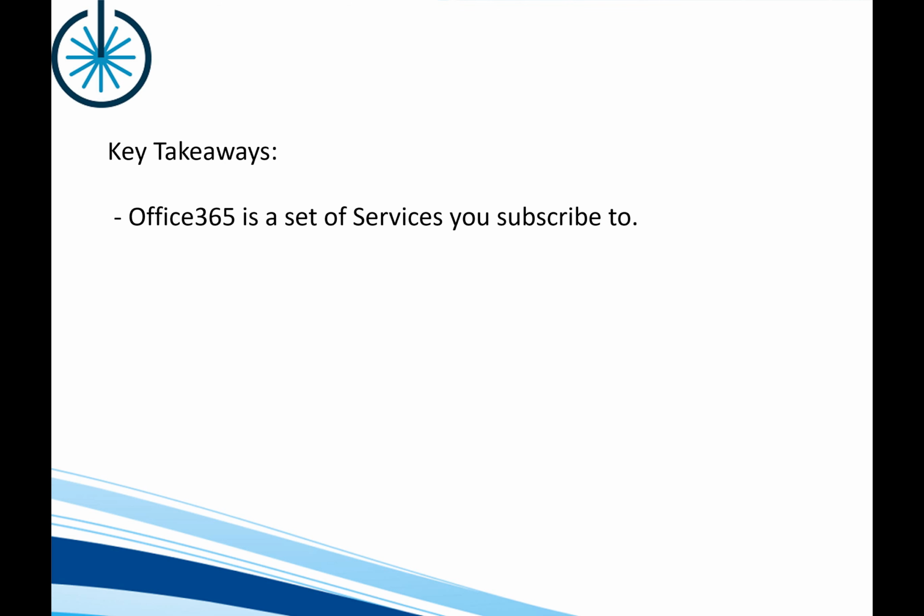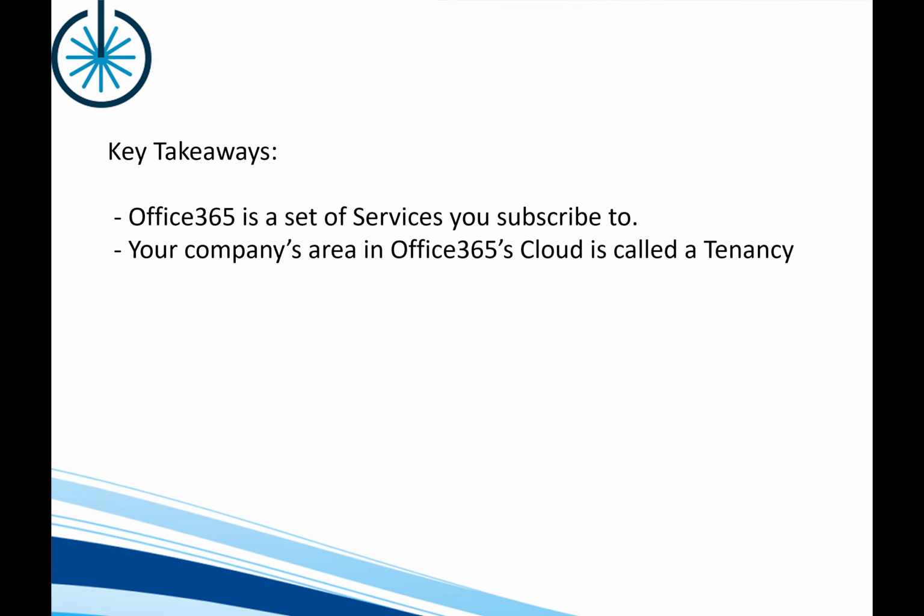So takeaways from this presentation: Office 365 is a set of services you subscribe to. Once you subscribe to an Office 365 set of services, you have a tenancy on the Office 365 Global Cloud. Your company's area in the Office 365 Cloud is called a tenancy.